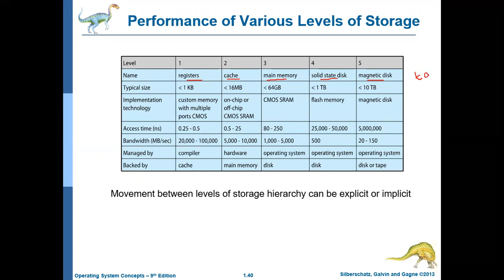Even though the generic definition says that cache memory is a high speed memory placed in between the processor and the main memory, considering the different levels of storage hierarchy, magnetic disk acts as a cache memory for tapes, because whatever is available in the tapes will also be copied into disk.